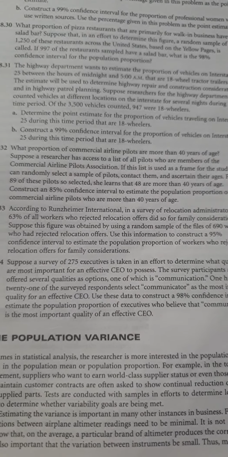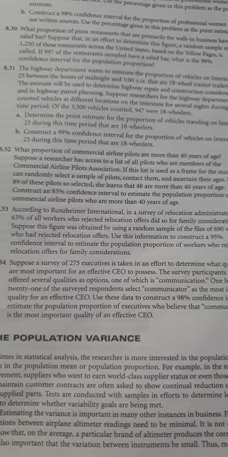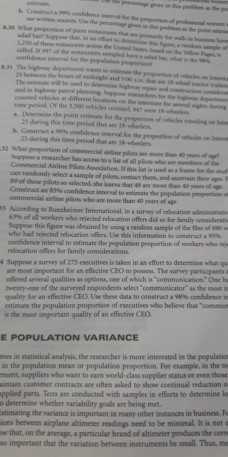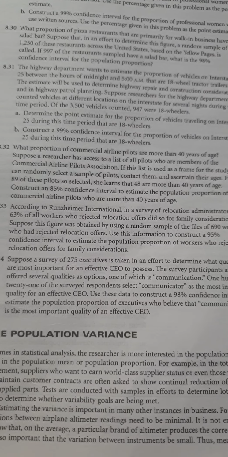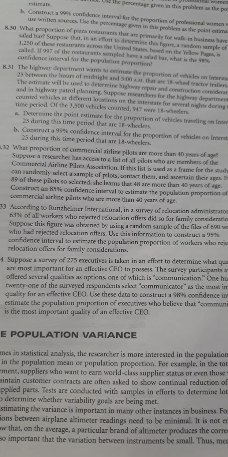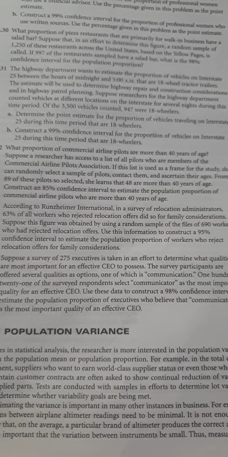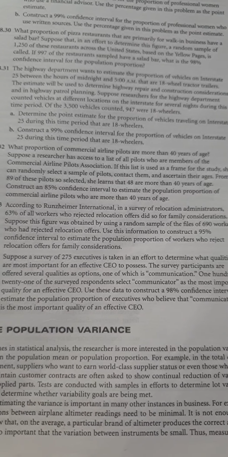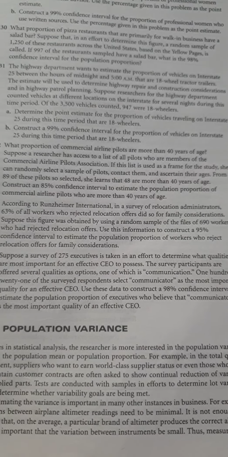Now sum number 8.32. What proportion of commercial airline pilots are more than 40 years of age? Suppose the researcher has come across a list of all the pilots who are members of the Commercial Airline Pilots Association. If it is used as the frame for the study, she can randomly select a sample of pilots, contact them and ascertain their ages.